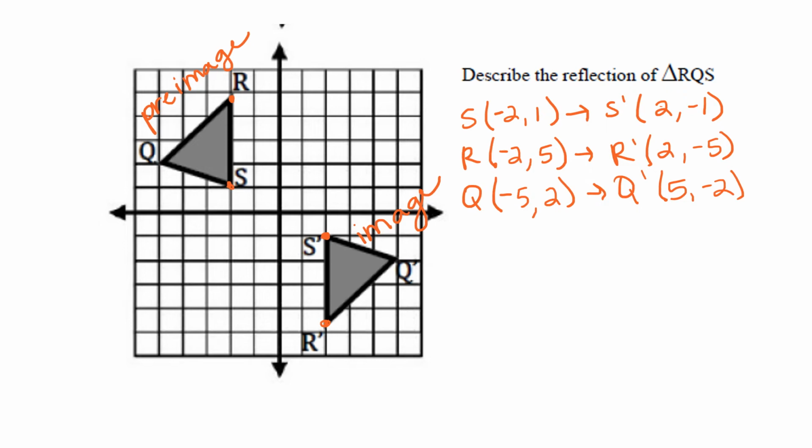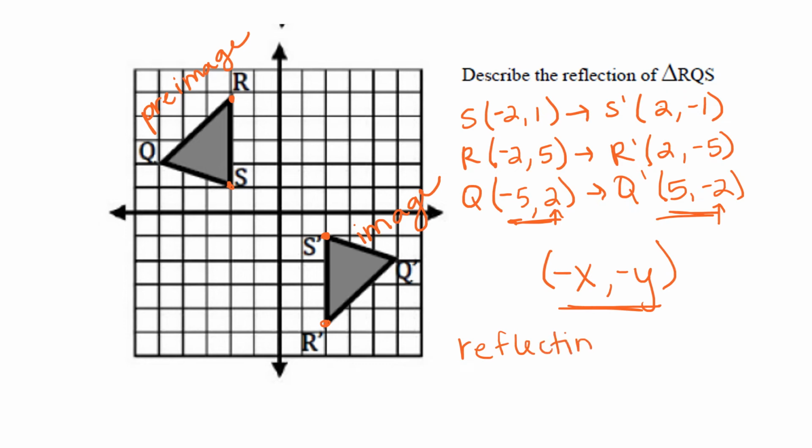So when we compare these points, how does Q relate to Q prime? How does -5 relate to 5? Looks like it's the opposite x. How does +2 relate to -2? Looks like it's the opposite y. So if this is what's happening, we know that we are reflecting over this rule.